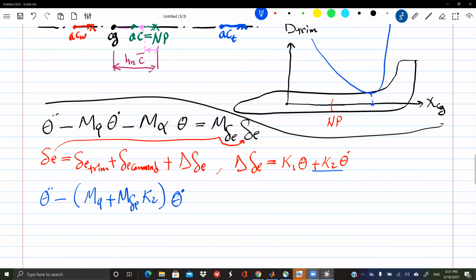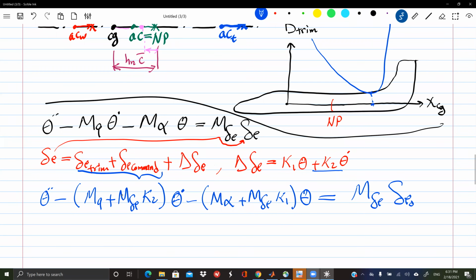I'm collecting the terms multiplying theta dot together, and terms multiplying theta together. So this was m_alpha and m_delta-elevator times k1, all multiplying theta. Now it's m_elevator times delta elevator naught. I'm going to collect these two and write it as delta elevator naught.